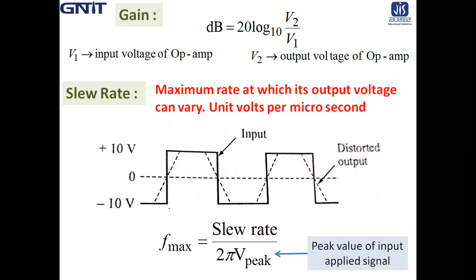Therefore, the slew rate can also be used to determine the maximum operating frequency of the op-amp, which is as follows.